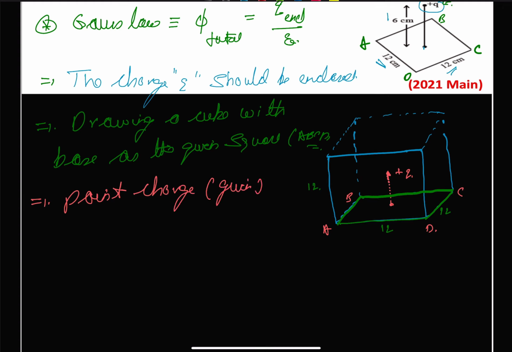Because this height is our 6 and the entire length of this cube is our 12, this charge will be exactly at the center. Please remember this is our imaginary cube.